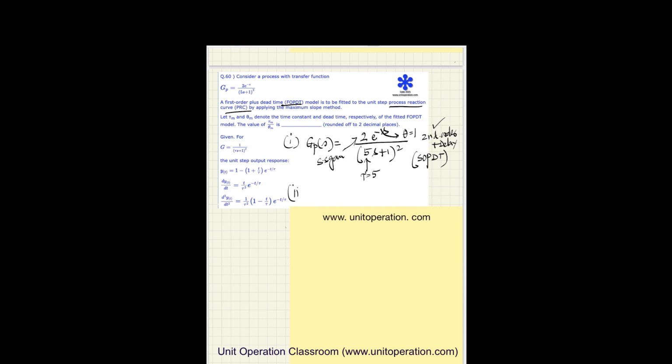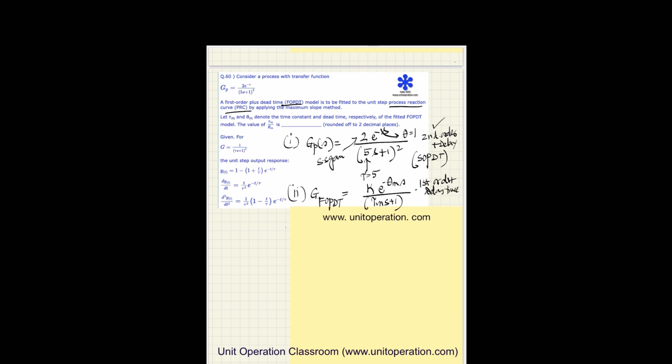The FOPDT model would be equal to K e to the power minus theta m s divided by tau m s plus 1. So basically, this is the first order plus delay time, and that's called first order plus delay time FOPDT model.